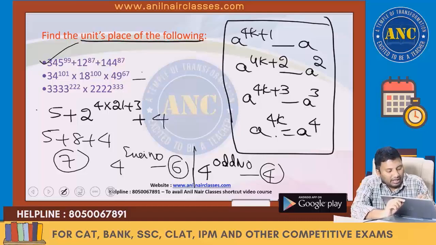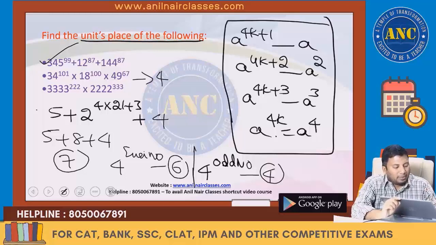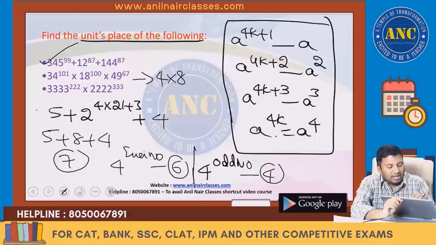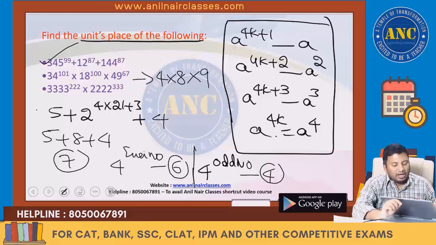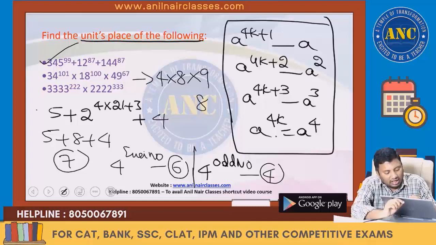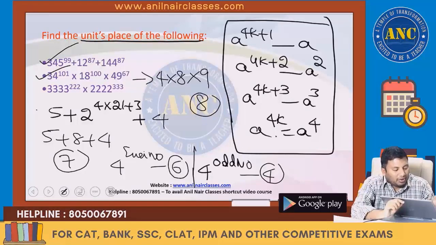Second one, directly we will write: 4 power a power 4k plus 1, 4. A power 4k, it is 8. 9 power odd number, it is 9. 4 8s are 32, 2 9s are 18. Second one, 8. Third one, 3 power 222. A power 4k plus 2, 22, which is 9.